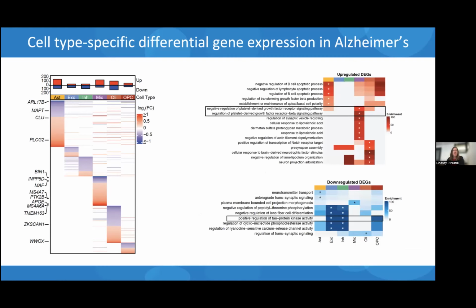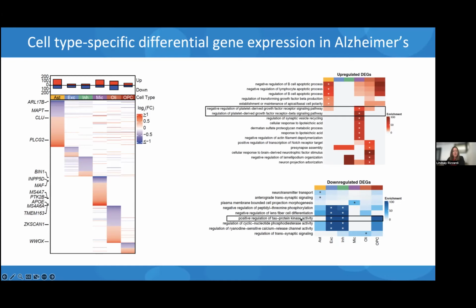When we do a GO analysis of these differentially expressed genes in each cell type, and we split them into upregulated and downregulated DEGs, we see pathways that, again, one would expect in Alzheimer's disease and that have been reported before. In microglia, for instance, we're seeing upregulation of PDGFR signaling in response to LPA and inflammatory type pathways.